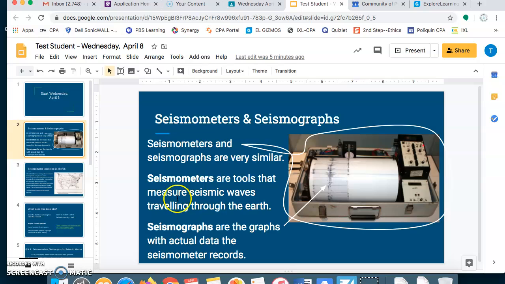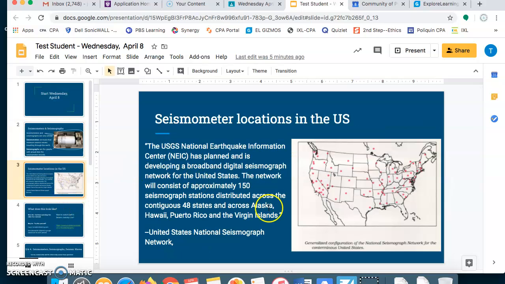recording seismic waves. Okay, this slide is a bit more informational, but these red dots or pink dots, at the time of this article being posted, show where most of the seismometers are located in the United States, even one in Canada.